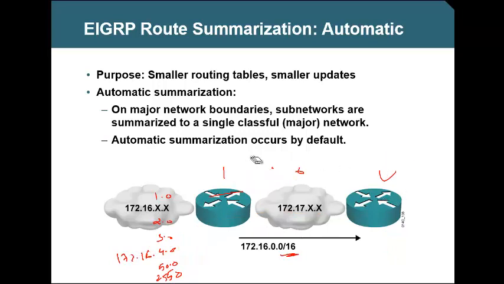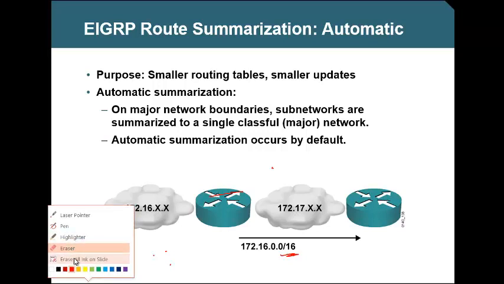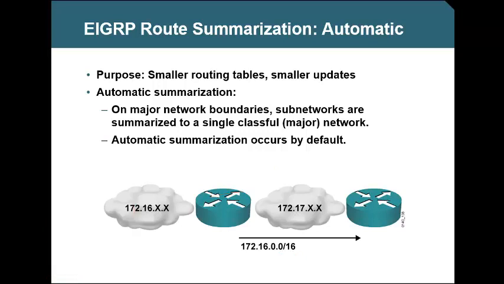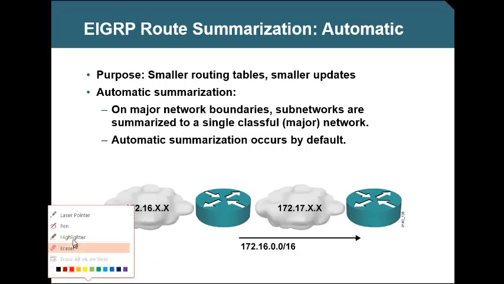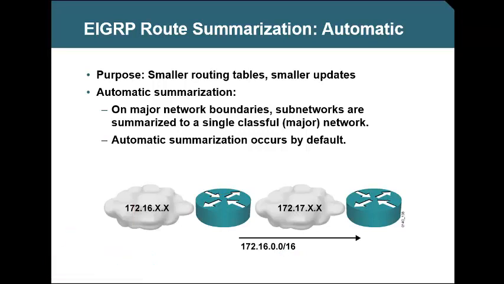So this is one type of summarization which is on by default in EIGRP. We call it auto summarization, because this happens automatically. In order to cancel that, we say no auto-summary. When you do this, there won't be summarization.